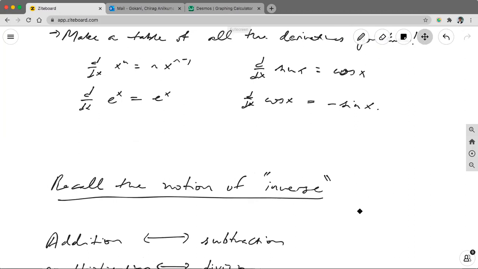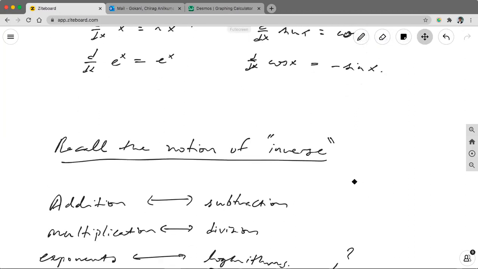Everything we've covered so far is in the field called differential calculus, and there is another field that is like the inverse of differentiation.